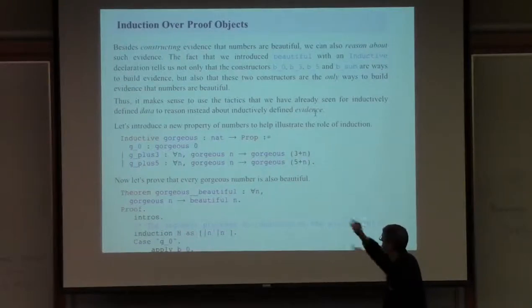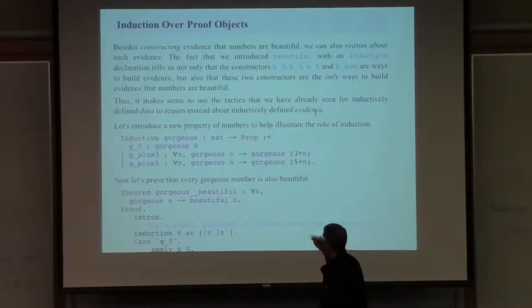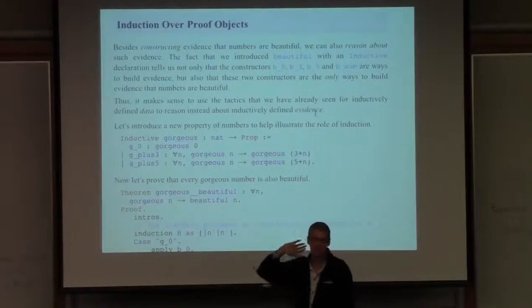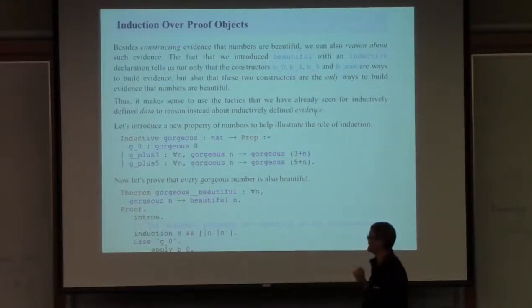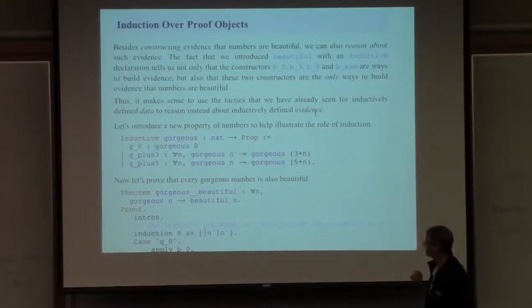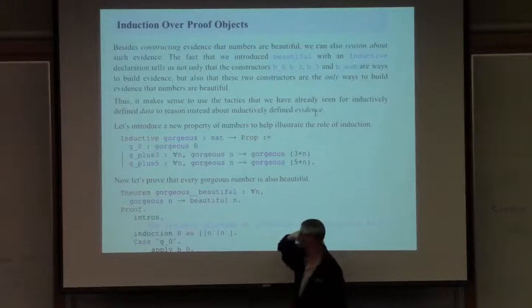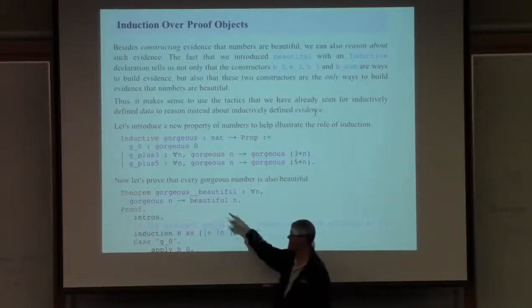So this property says 0 is gorgeous. If n is gorgeous, then 3 plus n is gorgeous. And if n is gorgeous, then 5 plus n is gorgeous. Okay, so it's just a different property of numbers. And what's interesting, though, this is an actual slightly interesting mathematical fact, is that every gorgeous number is beautiful.